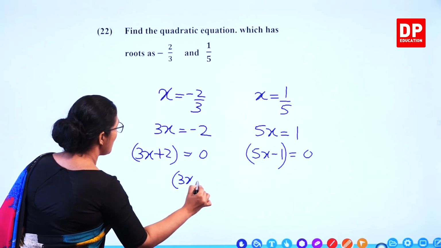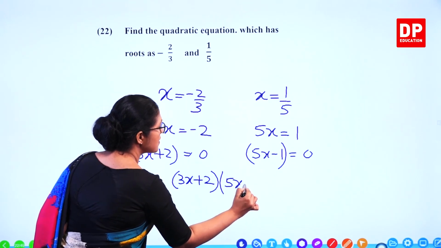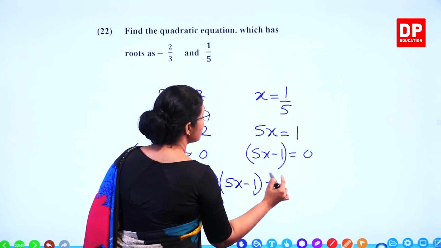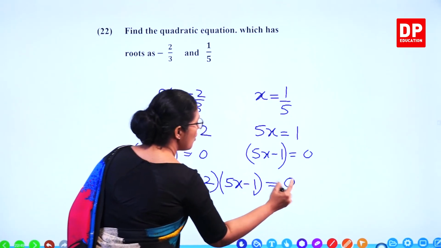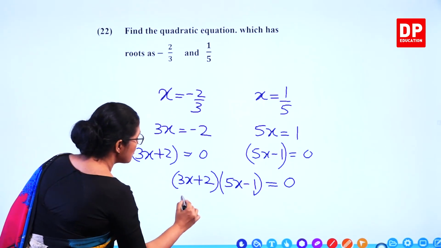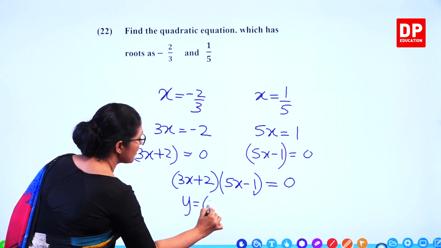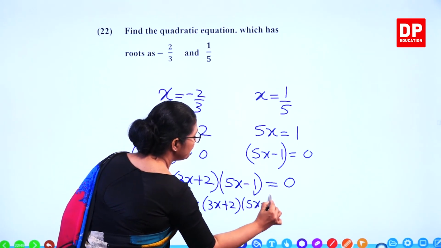So you can write down the equation as 3x plus 2 and 5x minus 1 as the quadratic equation. So this is 0. So that means when y equals 0, we are finding the roots. So what's the equation? 3x plus 2, 5x minus 1.